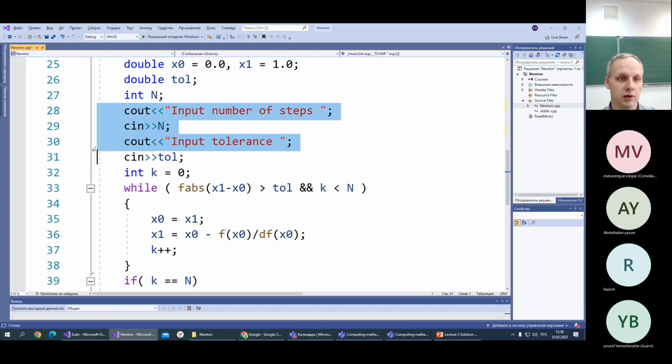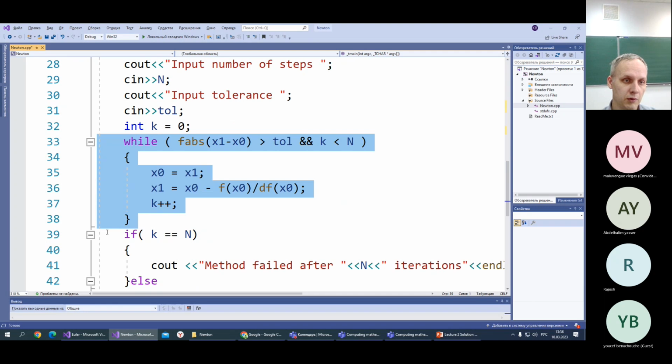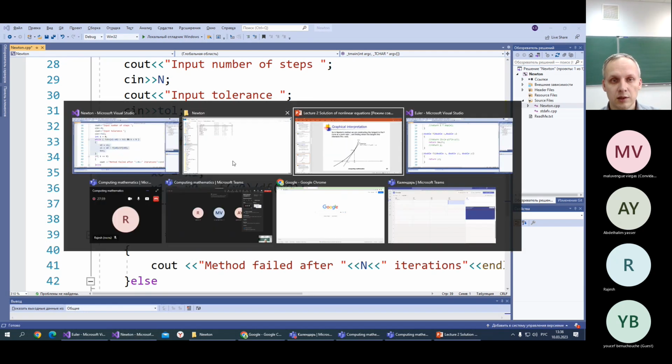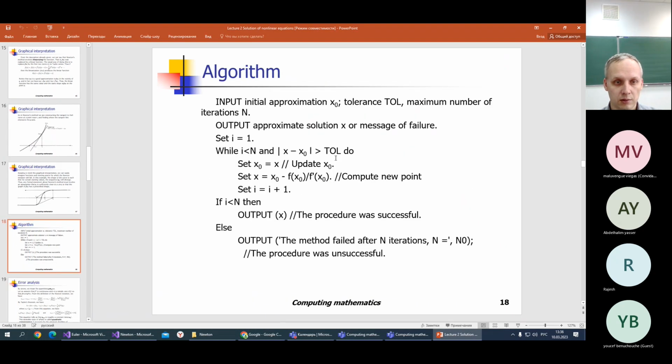Then we ask about the number of steps and the tolerance. And this is the main loop of Newton method. This loop more or less corresponds to the pseudocode that you may find in my presentation.